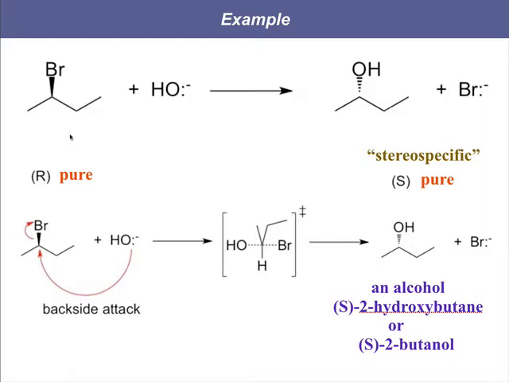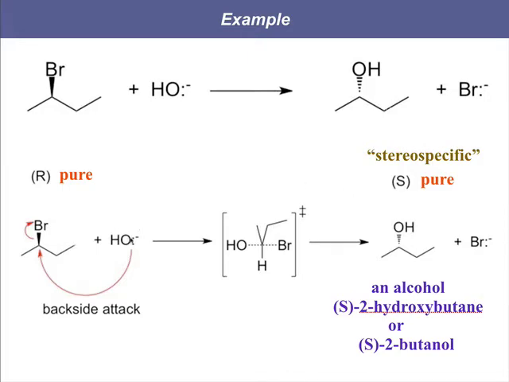It makes 2 products from one reactant. The SN2 reaction is stereospecific. We get one specific product from one specific reactant. An R will turn into an S specifically. An S will turn into an R specifically.